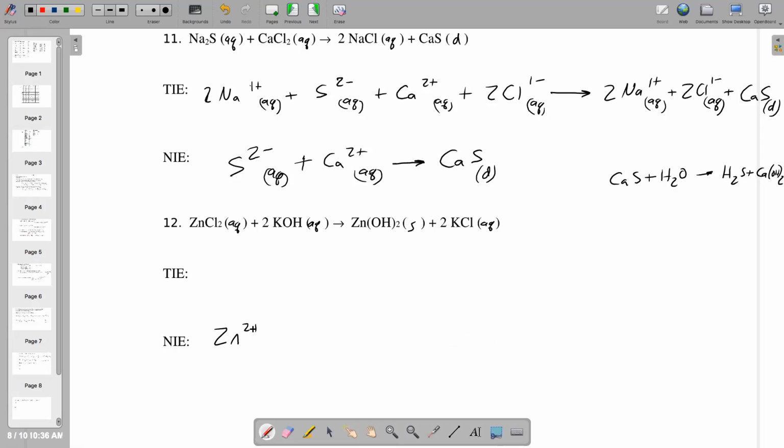This is a zinc and 2 chlorides, make zinc chloride, make, oh, it's a hydroxide, 2 OH minuses, make zinc hydroxide. I was thinking of number 13. I have a solution written down for number 13. That wasn't the end one.